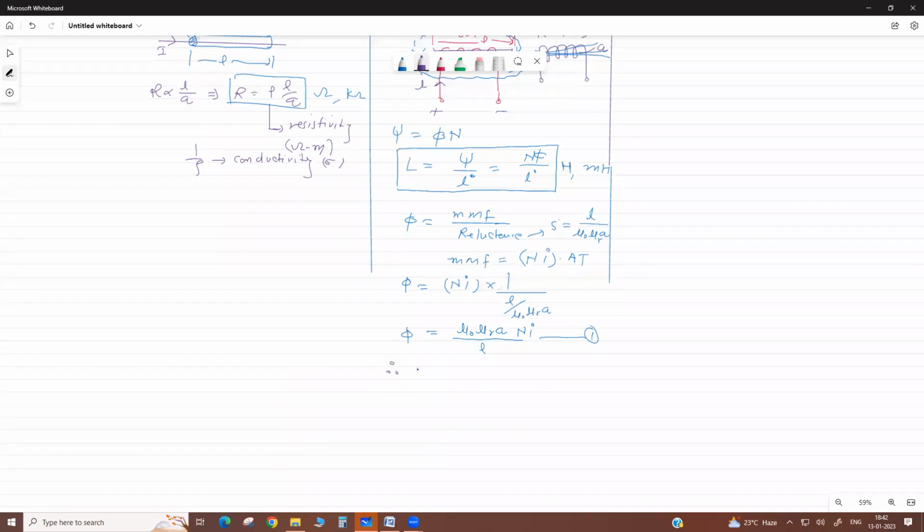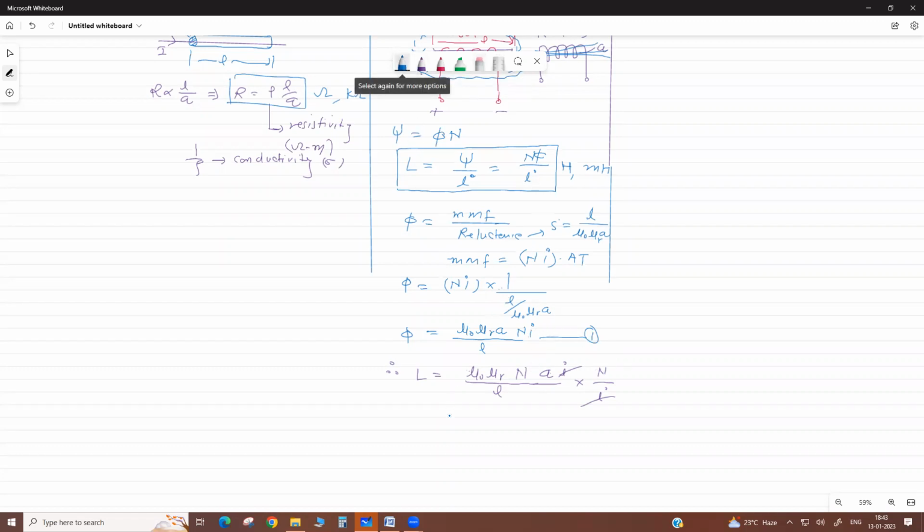Therefore, L equals N phi divided by I. Writing phi, mu 0 mu r A I by L into N by I, the I cancels, and N becomes N squared.